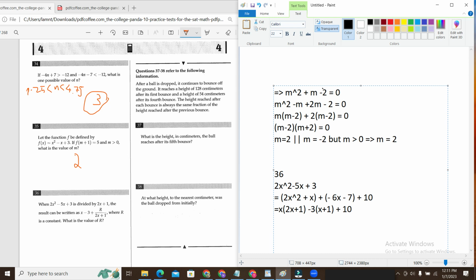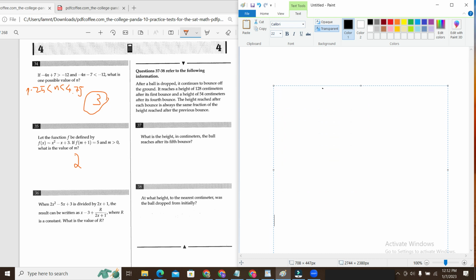So 2x plus 1, so minus 6x, and it has to be minus 3 here. And here we're going to plus 6, because 6 minus 3 is 3, so it returns the original 3.